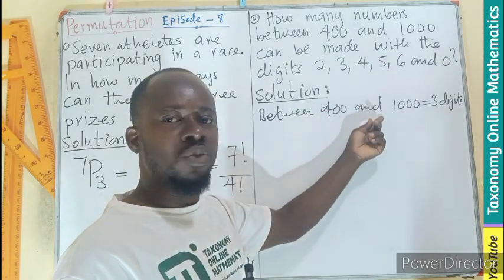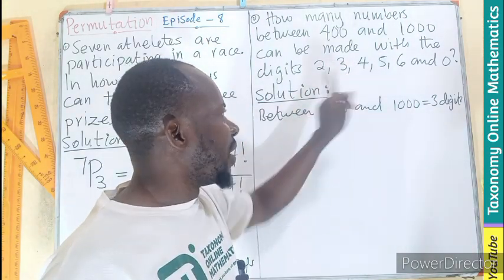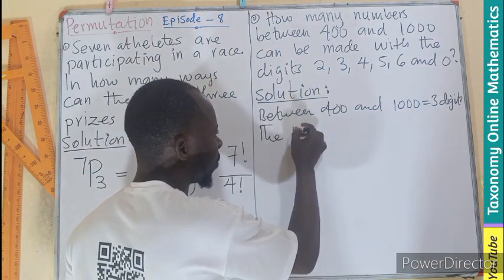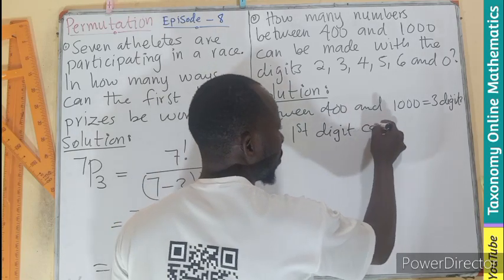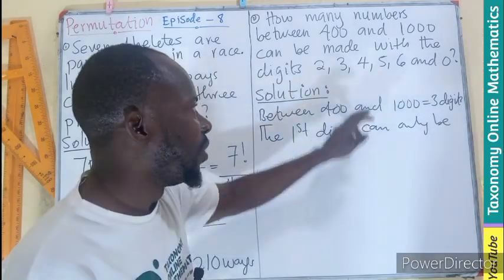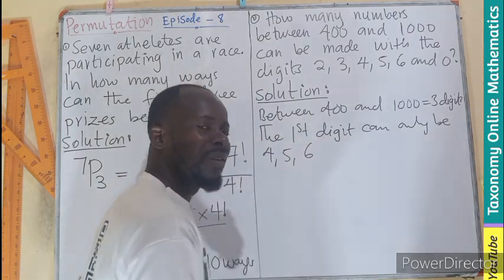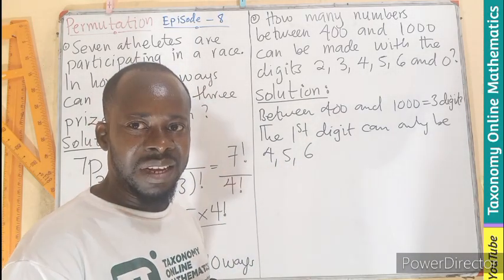They are all in range. So the first digit can only be 4, 5, and 6. Don't forget, even 0 cannot come. 4, 5, and 6. That's the first digit.